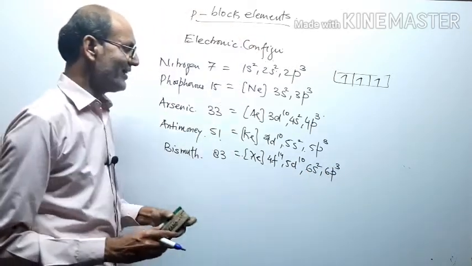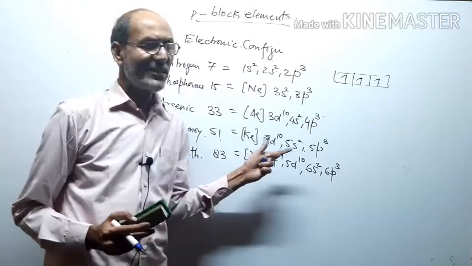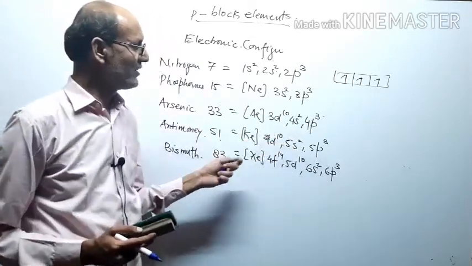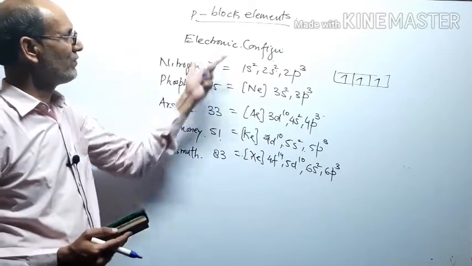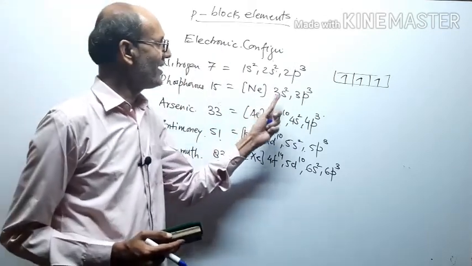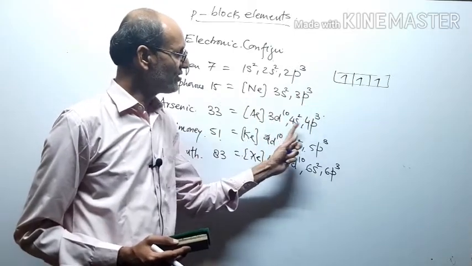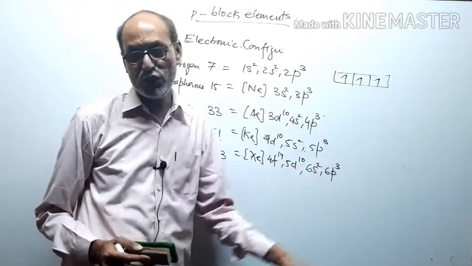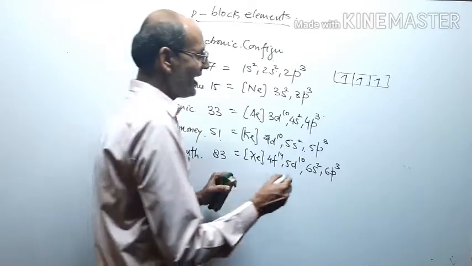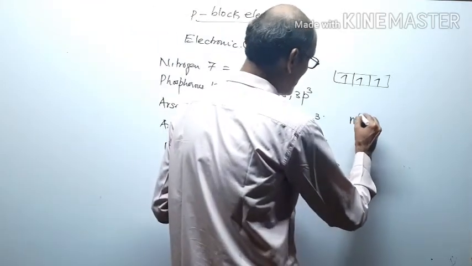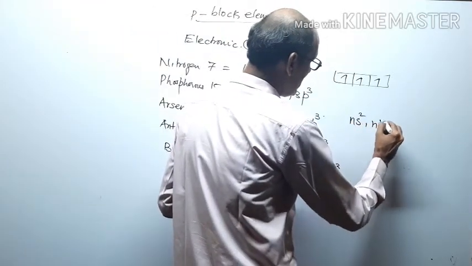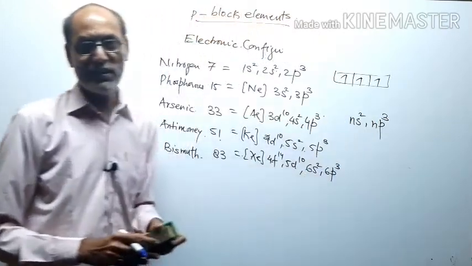What you are seeing, dear student, in all the electronic configurations, the general electronic configuration of the group 15 elements, all are having 2s2, 2p3, 3s2, 3p3, 4s2, 4p3, 5s2, 5p3. So we can say ns2, np3. Okay, students.